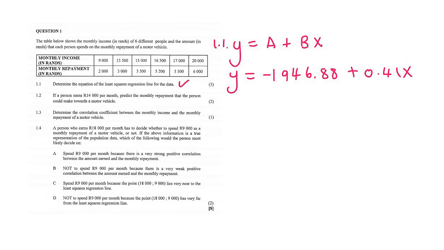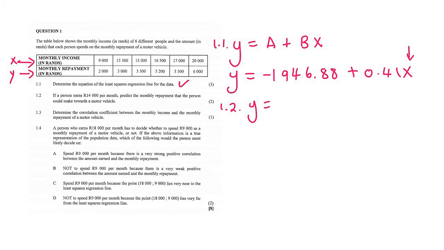Moving on to 1.2. It says, if a person earns 14,000 Rand per month, predict the monthly repayment. Okay, so this over here, the top one is the monthly income, and the bottom one is the monthly repayment. So this is almost like your X, and this over here is your Y. So we're going to take the 14,000 Rand per month, which is an X value, and plug it in.